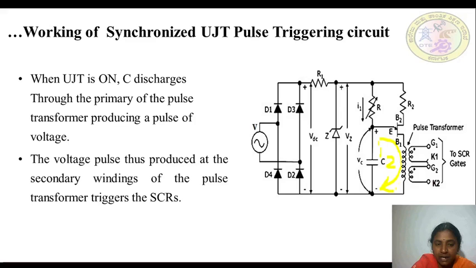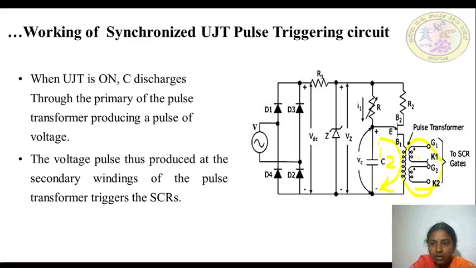As the current I2 is in the form of pulses, the windings of the pulse transformer have pulse voltages at the secondary terminals. These pulse voltages will be applied to the gate and cathode of the SCR to trigger the SCR.